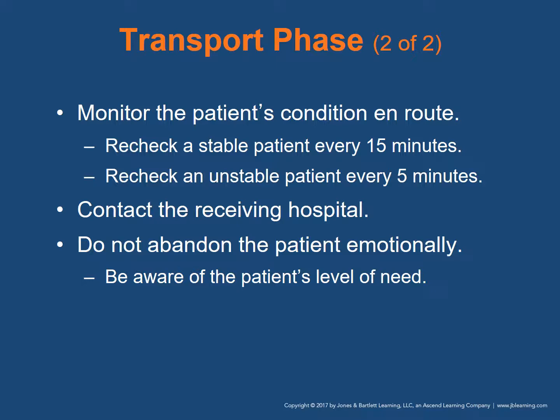Okay, we're going to contact the receiving hospital. This is really the job of the primary patient caregiver as we're getting close to the hospital or as we're leaving the scene. And this is called a courtesy notification. This is telling the hospital what kind of patient you have, a really brief introduction to what interventions you've provided to the patient, what pertinent assessment findings you found on the patient, and most importantly, how far away from the hospital you are.